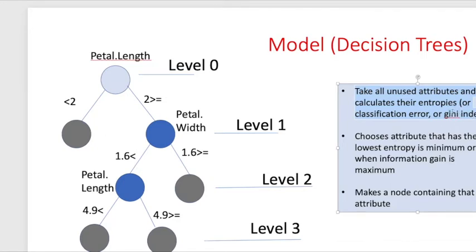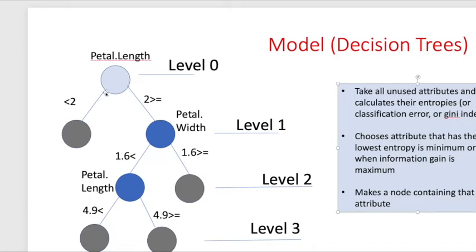We compute the entropy, the classification error, or the Gini index of all the attributes that we have for my problem. And then we are going to use the best one, for example, the one with the minimum entropy, the one with the maximum information gain. Okay, so for example, here, let's say that this is the best one that we are going to be using for this example, and then we are going to grow the tree.